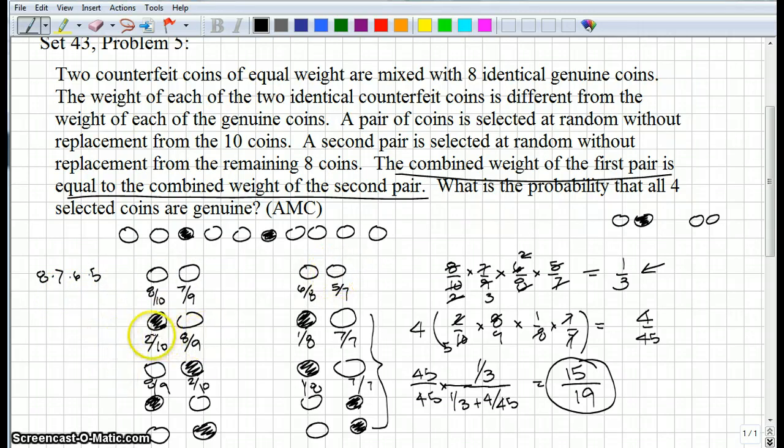And then the number of ways that this could come up, we got 4 of them, and there's 2 ways to get a counterfeit times 8 ways to get a genuine, 1 more counterfeit, and then 7 ways to get the last genuine coin. And we could just take the ratio of those.